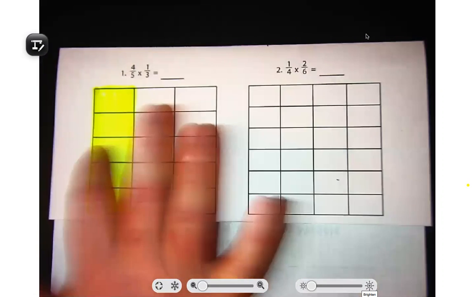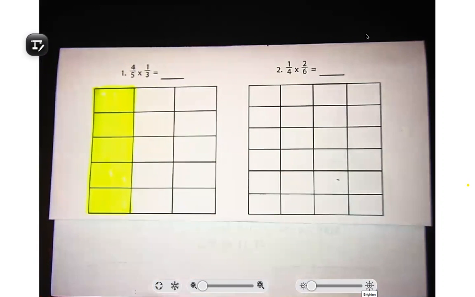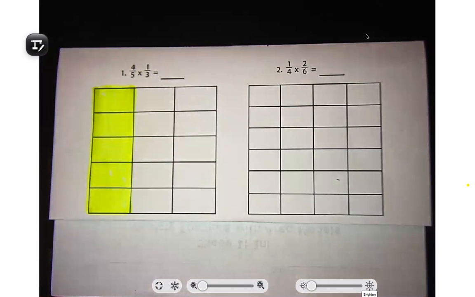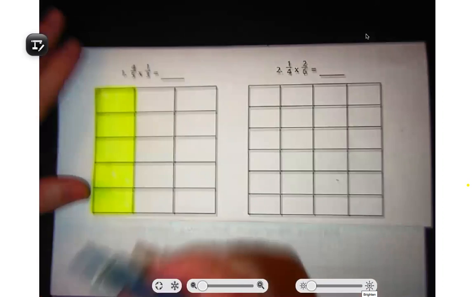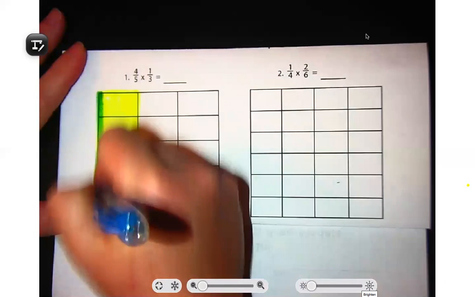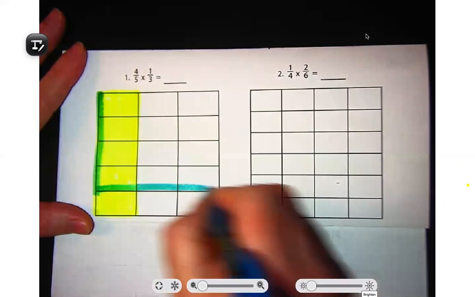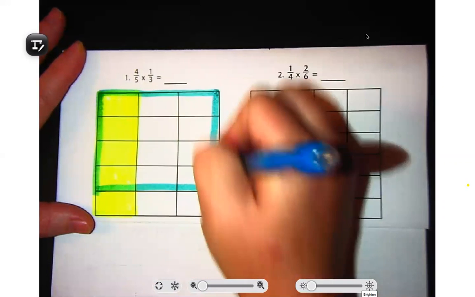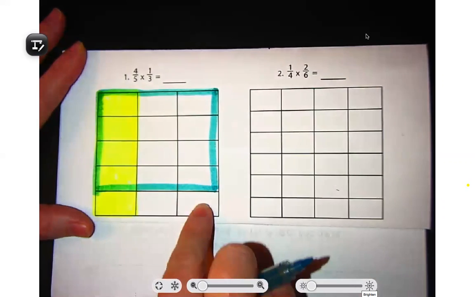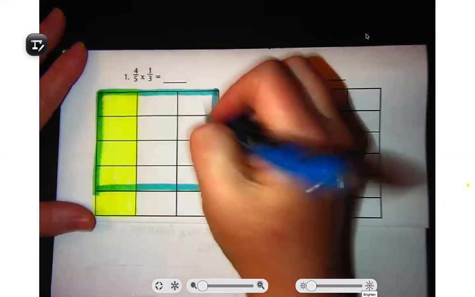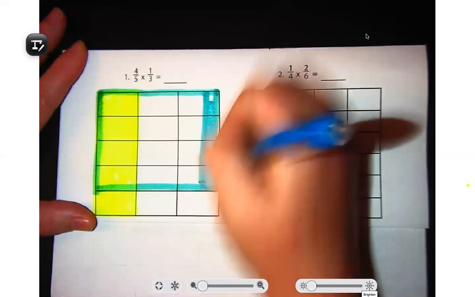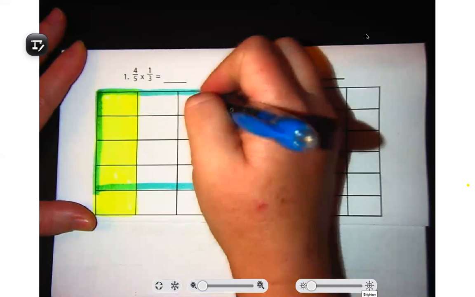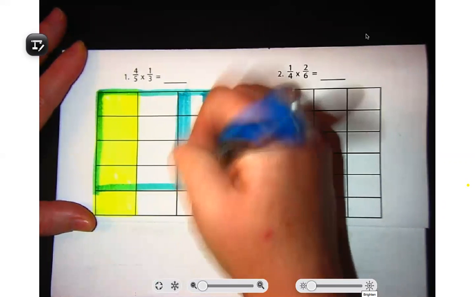Okay. Now, when I go to look at the next part, I have fifths. 1, 2, 3, 4, 5. So I am going to color in 4/5 of this. So if I look here, I'm going to go 4/5. And I'm going to leave that last fifth blank because I'm coloring in 4/5. So I'm going to shade in my 4/5.